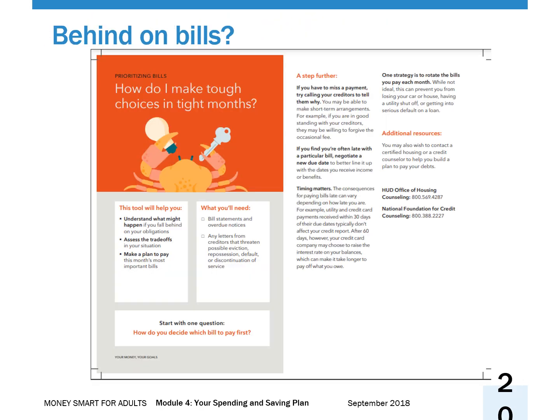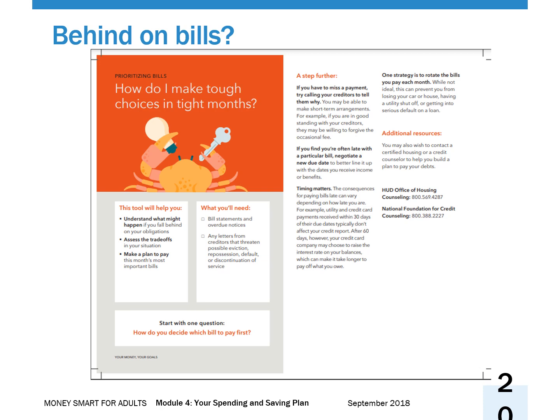Here's another way to make tough choices in tight months. It comes from consumerfinance.gov. This tool helps you to understand what might happen if you fall behind in your obligations, how to assess the trade-offs, and how to make a plan to pay for your month's most important bills.